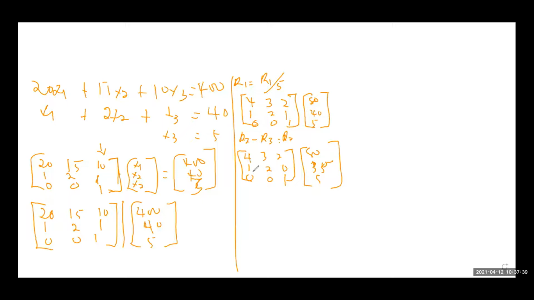Which one? This guy here. On row 1, column 3. The 2 up there. We are not dealing with column. We are dealing with rows. I'm giving you the position of the number. So row 1, column 3.